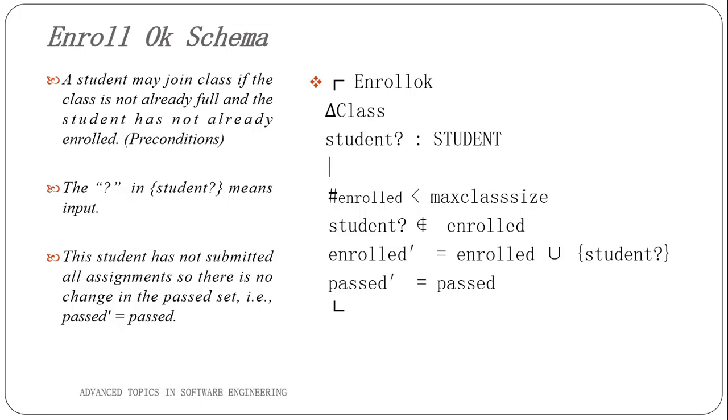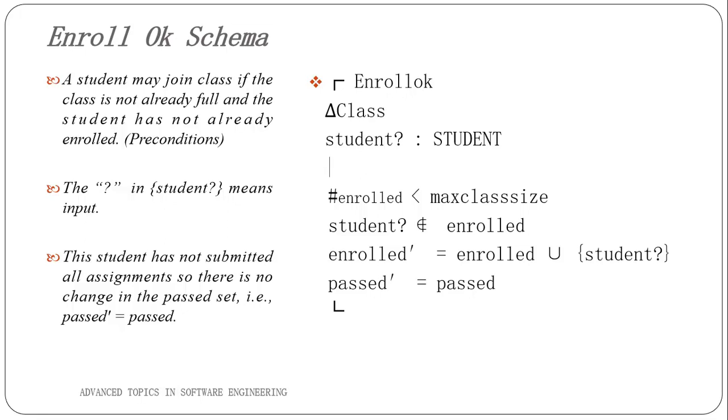If this precondition is not satisfied, then I cannot input this new student, that is student question mark. But if this condition is true, then I will check another precondition, that student question mark should not belong to enrolled. That means the student that I want to input should not already belong to the enrolled class. If it already belongs to the enrolled class, then there is no meaning to include that student again.